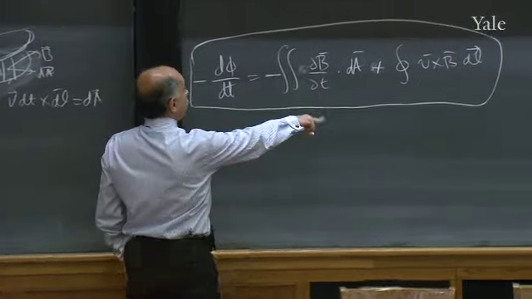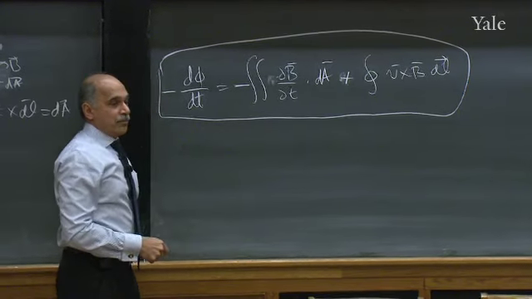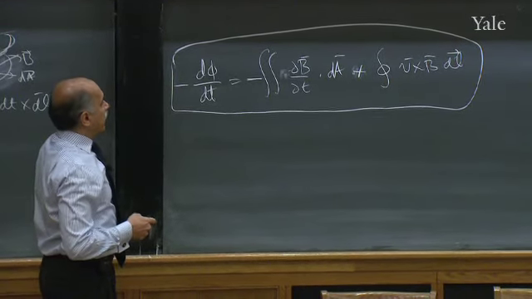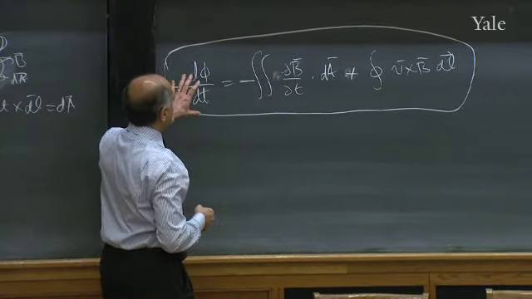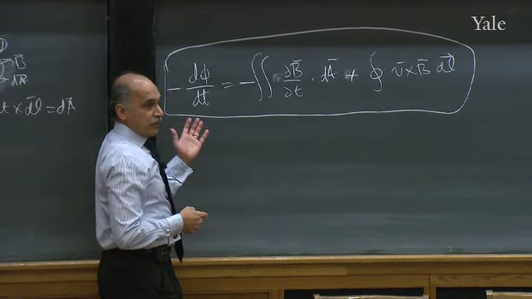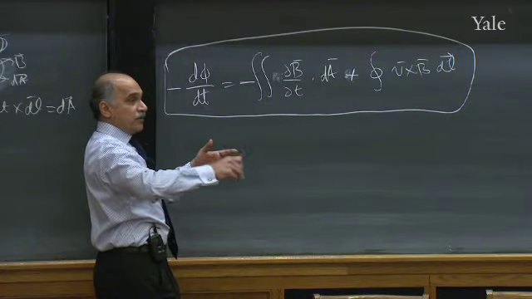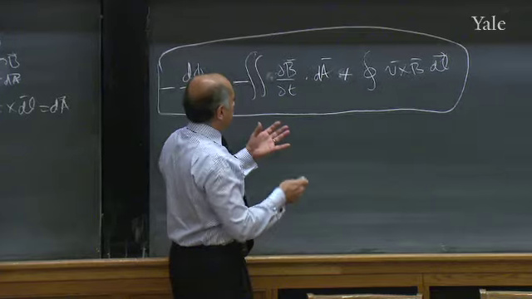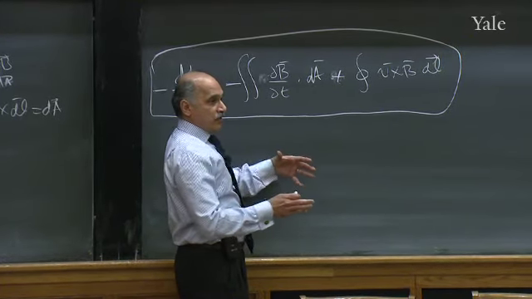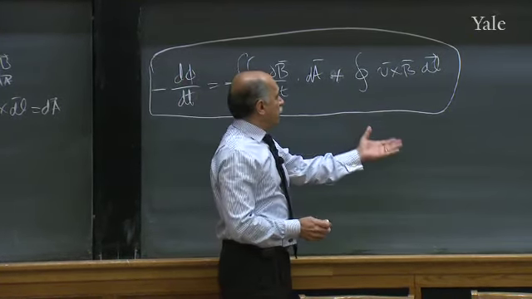So here's what I get from the old Faraday and Lenz law. This says the rate of change of flux has two parts. You take a contour and you find the flux changing through it. It's got two parts. One, because the field itself is changing over that region. Second, because the loop itself is changing.